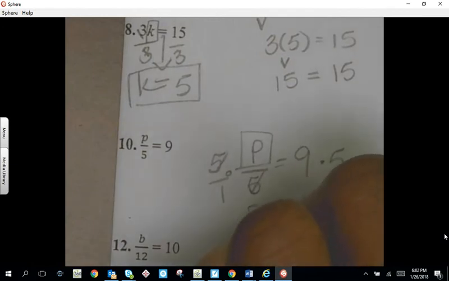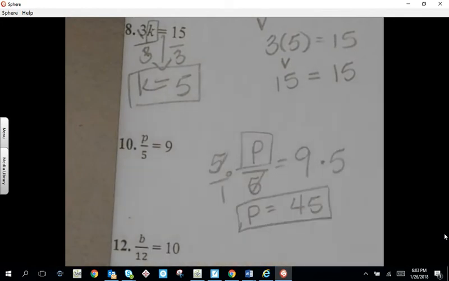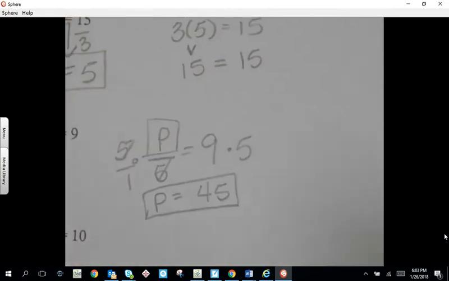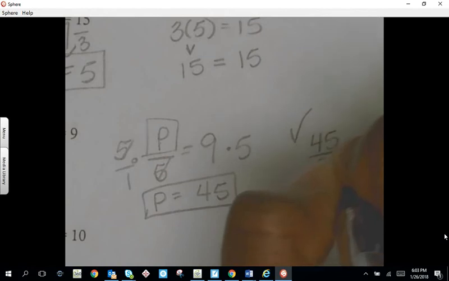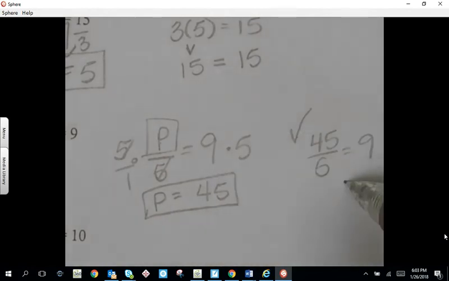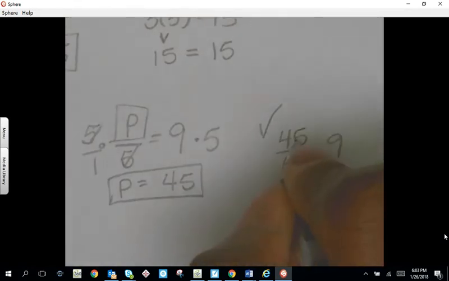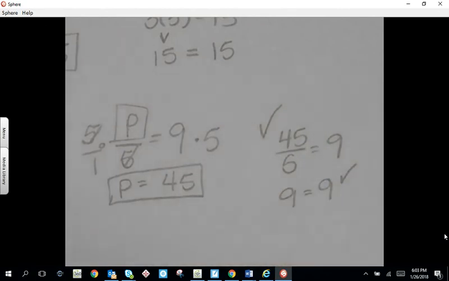So I have P equals 45. So let's check that. If I have 45 over 5 equals 9. Remember, improper fractions, we divide. So 45 divided by 5 is 9.